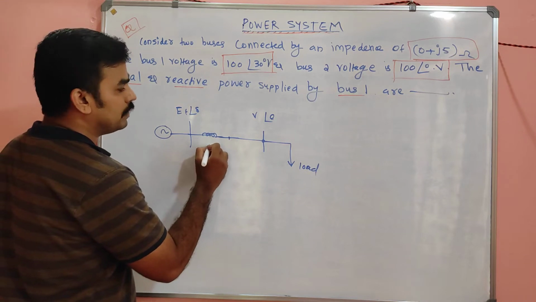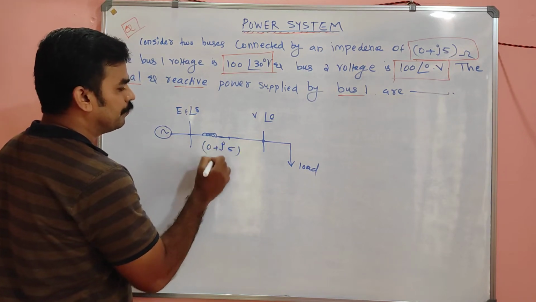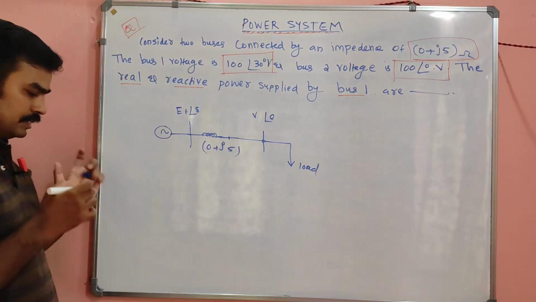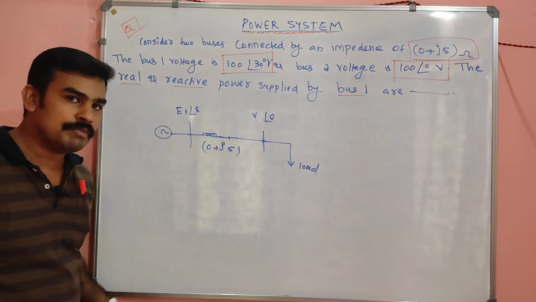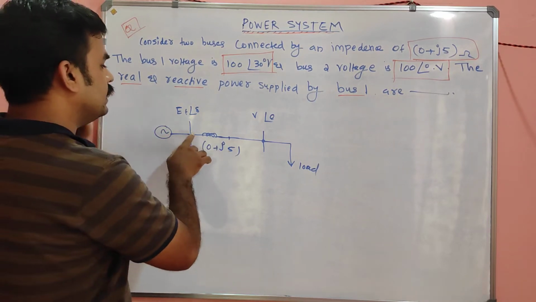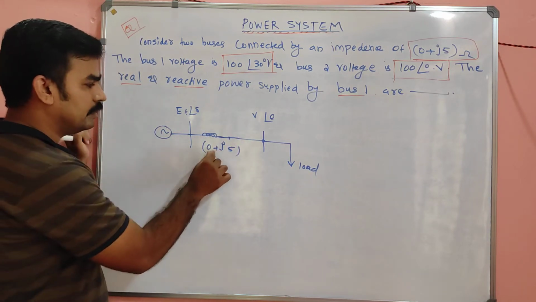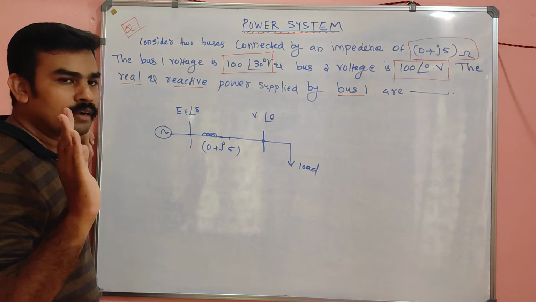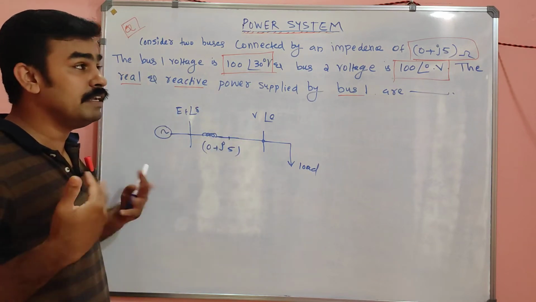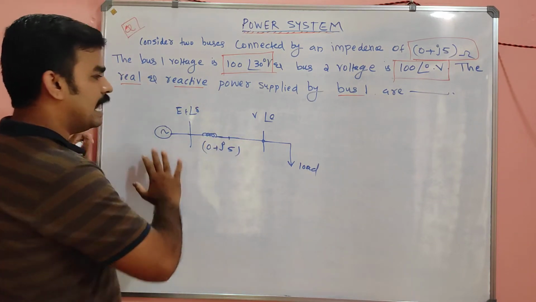And the impedance is given by 0 plus j5. This is the generator section and that's the load section. See, the figure you can assume in any manner. I assumed two buses connected by a transmission line, I mean a reactance of 0 plus j5. Any figure format you can take, but we need an answer, that's all.